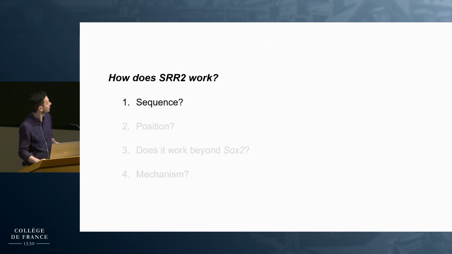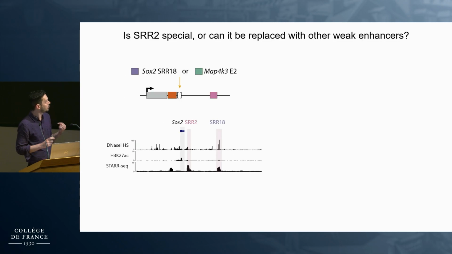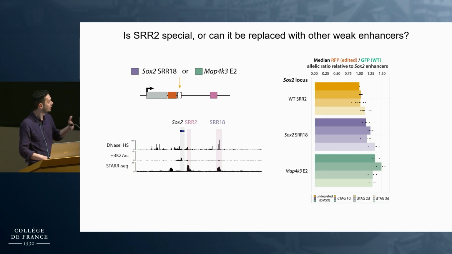So very briefly, is SR2 special? Absolutely not. We could replace the SR2 by any weak enhancer that we found, either in a genome on completely unrelated chromosomes, or even from the SOX2 locus. If we grab one of those weak enhancers that is normally further away from the locus and cannot synergize, and we use it to rescue the deletion of the SR2, now we can restore the independence of the locus to cohesin loop extrusion.